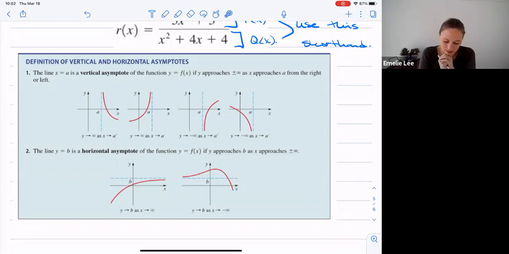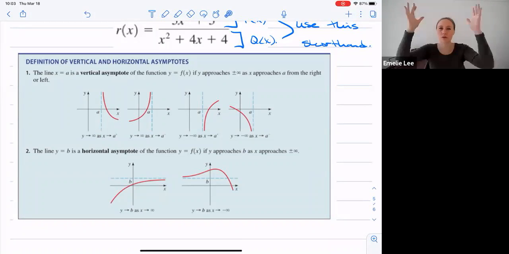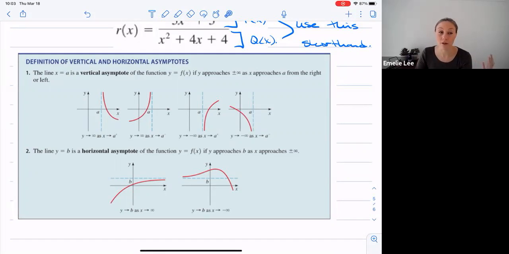So if you have a line x equals a, so some point x equals a, then you can have a vertical asymptote. It can be going towards positive infinity, or it can head to negative infinity. And to make matters worse, we can be approaching a from the right, or we can be approaching a from the left, right?